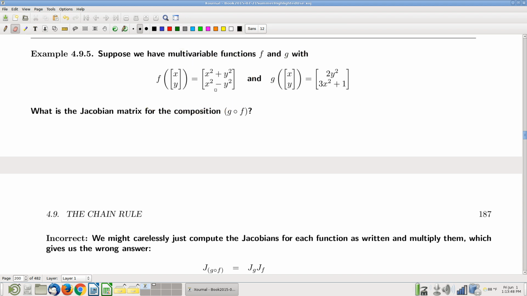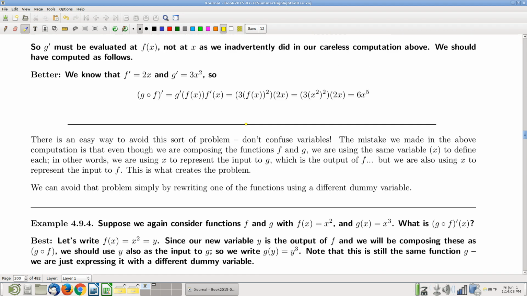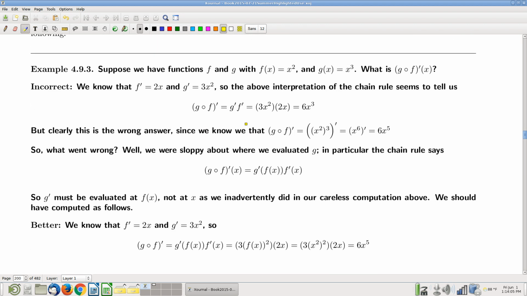You can compute their Jacobian matrices. You can then ask what's the Jacobian for the composition, and you think, chain rule. I'm going to take these individual Jacobians and multiply them, because that's what the chain rule is. If you're not careful, you're going to end up doing this, which of course is wrong.